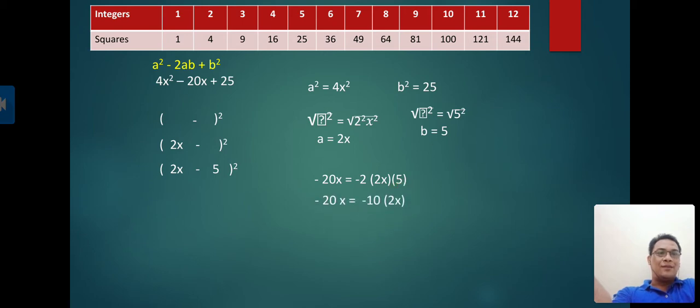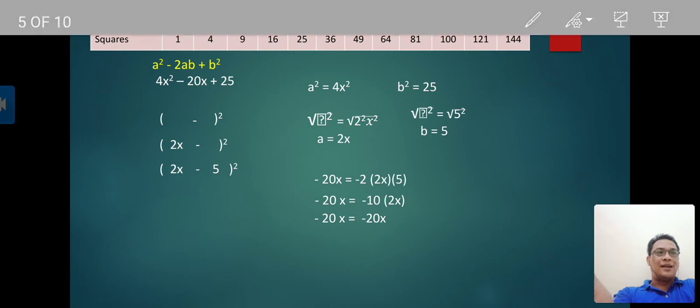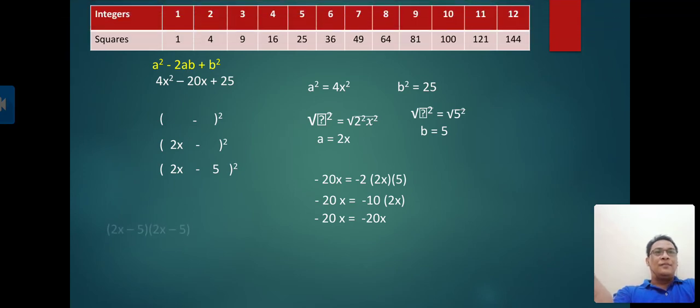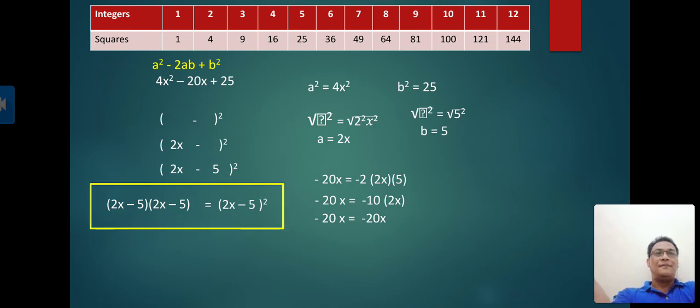Negative 2 multiplied by 5 is negative 10, multiplied by 2x, that will be negative 20x. Again, that is a perfect square trinomial. So the factored form is 2x minus 5 multiplied by 2x minus 5, or 2x minus 5 squared. Okay?